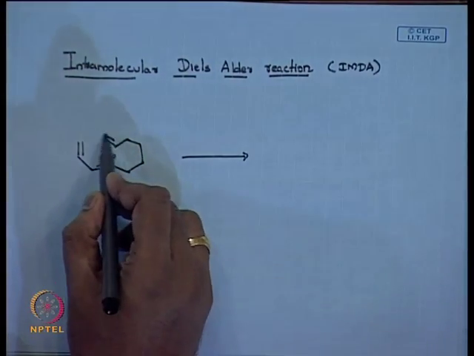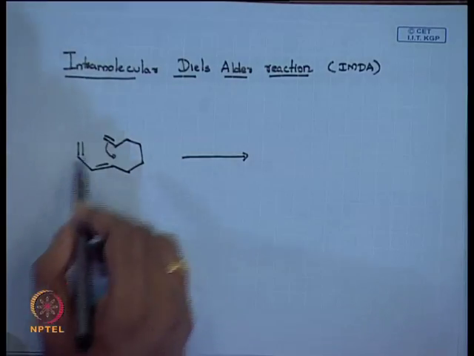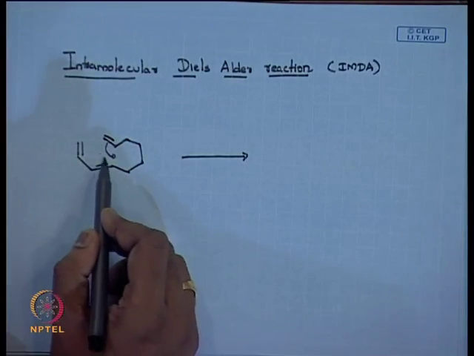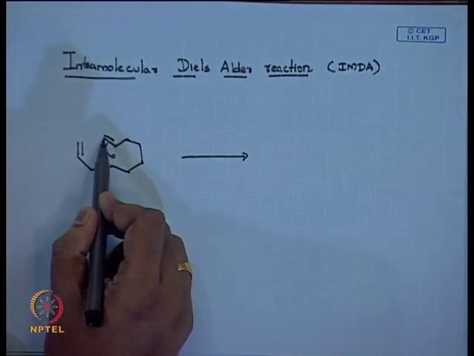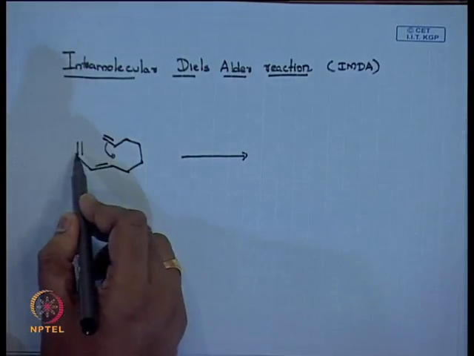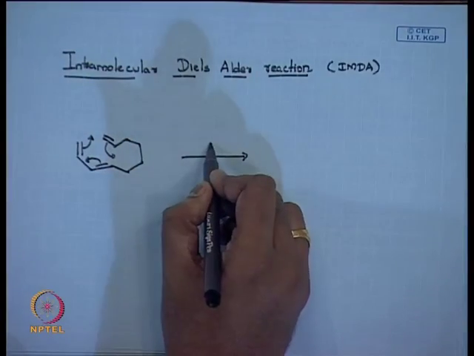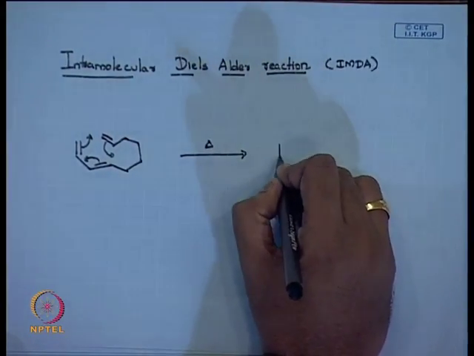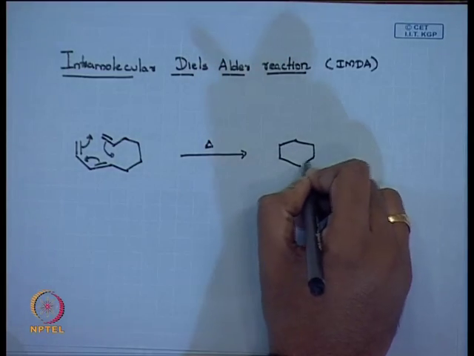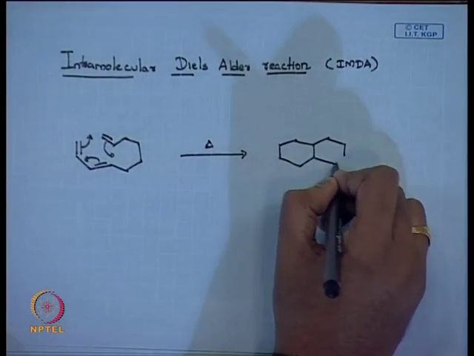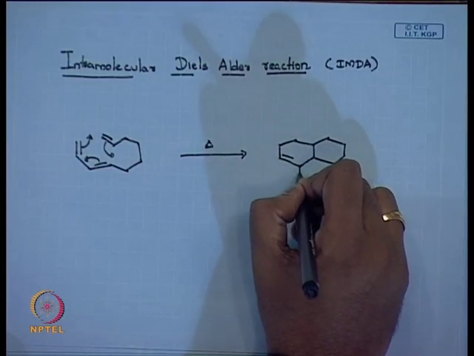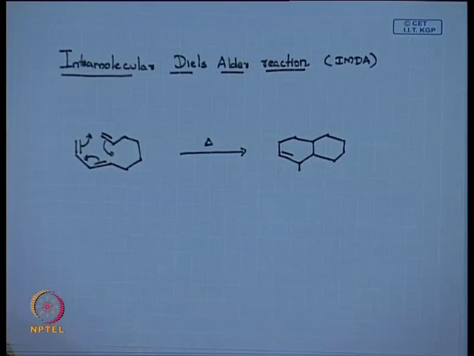So, this will be your diene, that is your 4 pi electron system, and this is your dienophile, the 2 pi system. Okay, if you heat this you can get your cyclic ring system, like your decalin type of systems, right. Okay, this is your simplest Diels-Alder reaction.